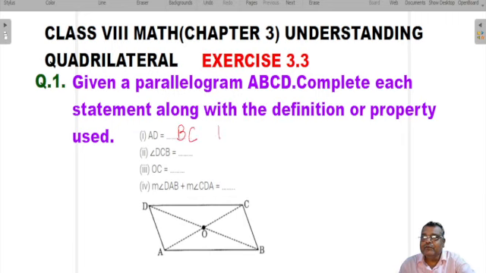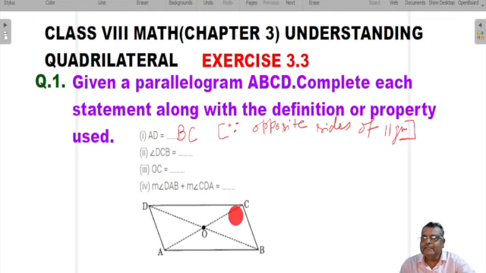क्यों? क्योंकि opposite sides of a parallelogram are equal. Now you see angle DCB.